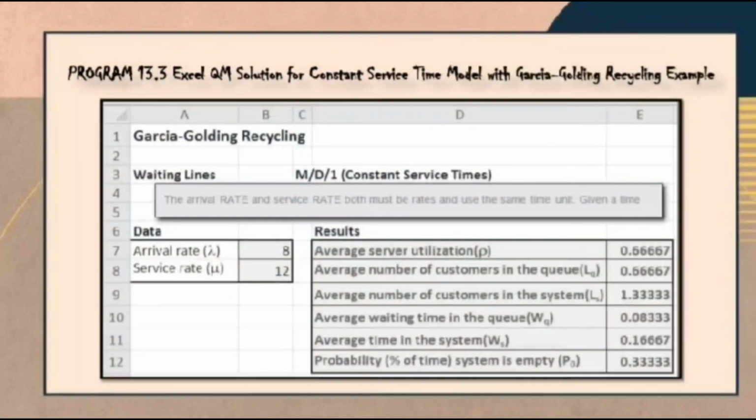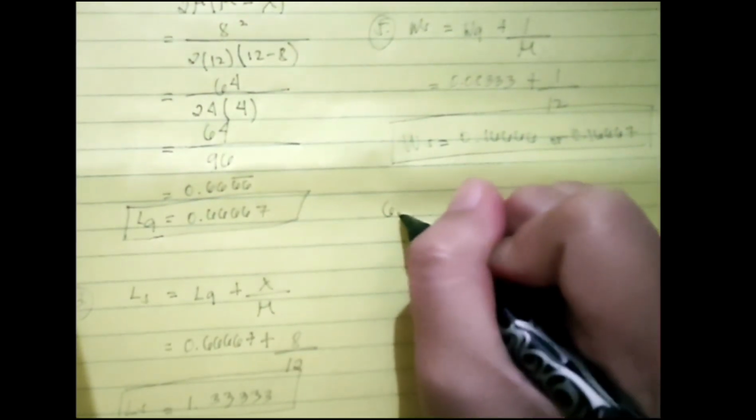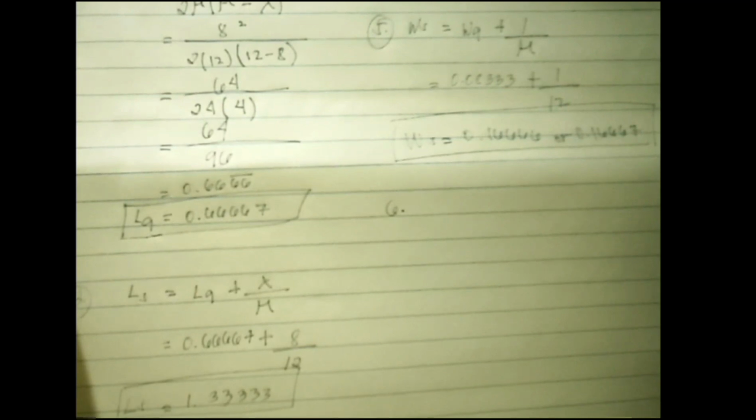So, based sa Excel QM, tama rin ang sagot natin. So, ayan. So, for number 6, ang ginahanap natin is wala natin na state sa constant service time model na formula. Ang hinahanap naman natin dito is probability or percentage of time system is empty.